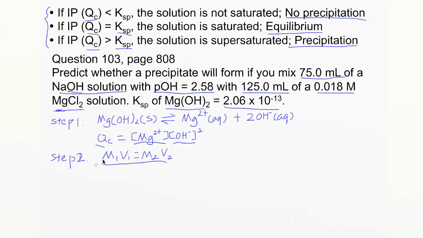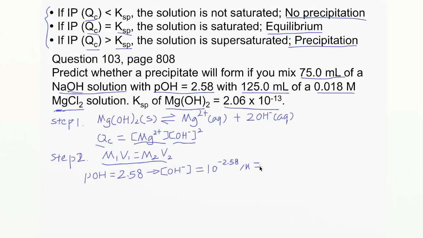Now, before you mix the two solutions, the hydroxide concentration can be calculated from the pOH value. Since the pOH equals 2.58, that tells us the hydroxide concentration before you mix the two solutions is 10 to the negative 2.58 mole per liter.